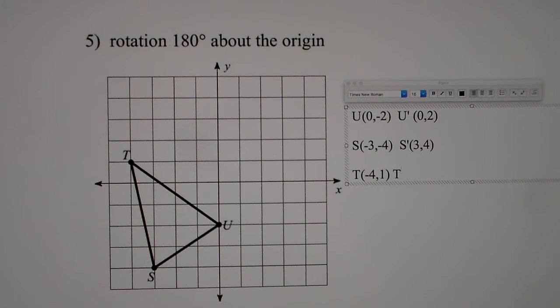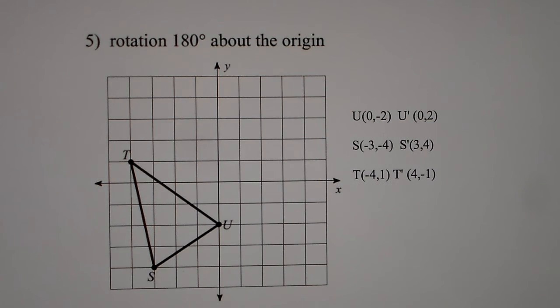So T prime is going to be at the coordinate 4, comma, negative 1. Then we plot these coordinates. 0, 2, so 0 left or right, 2 up. There's our U prime. S is 3 to the right, 4 up. So we got S prime, and then T is 4 to the right, 1 down, and that'll be T prime.